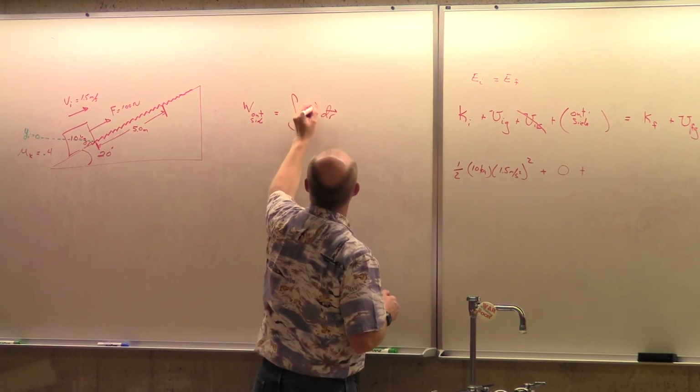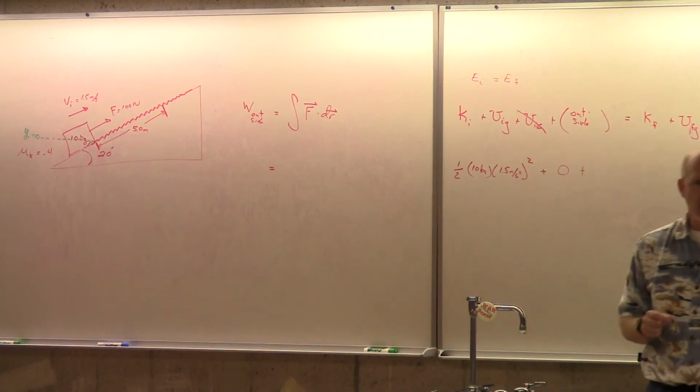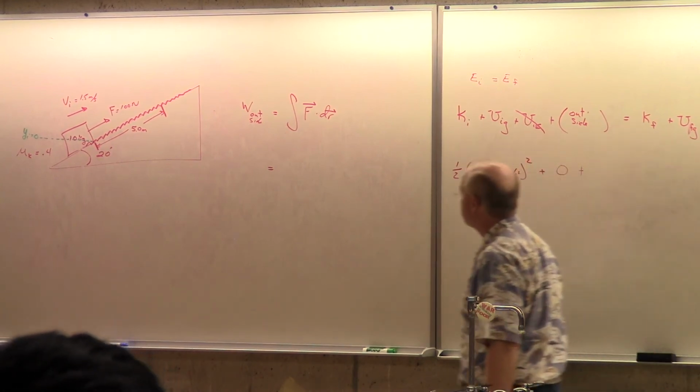Remembering that this is our definition of work, we go all the way back to the beginning of chapter 7 and ask, how do you calculate the work done by this object here? This is the energy you are adding into it.